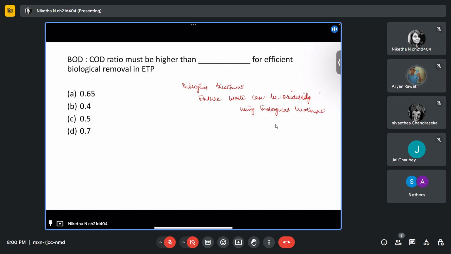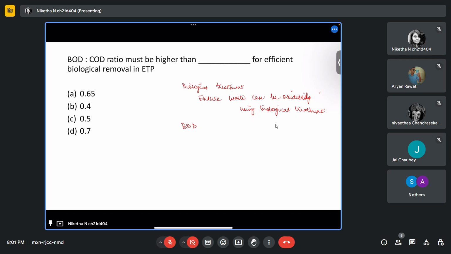So if we want to ensure that the waste can be oxidized by biological treatment, naturally it means that the BOD should be higher. So the BOD to COD ratio should be in such a way that the organics can be converted into simpler forms using the action of bacteria.